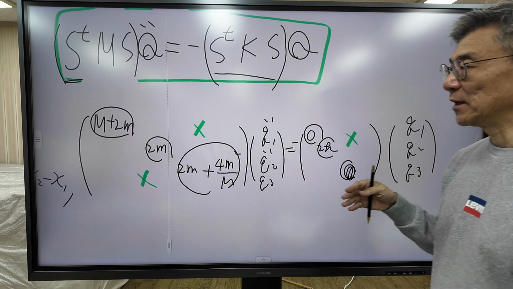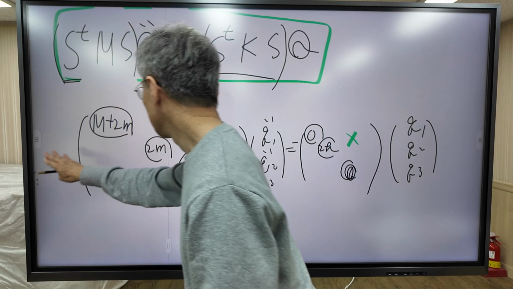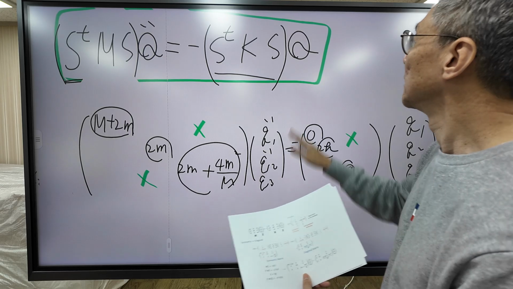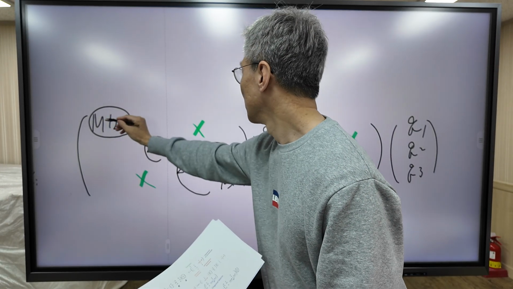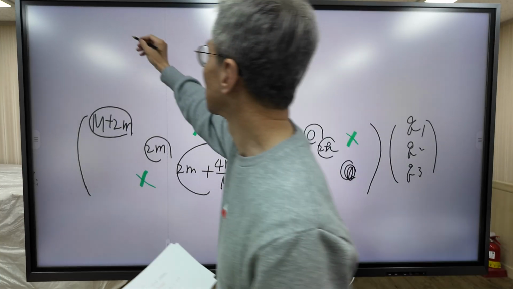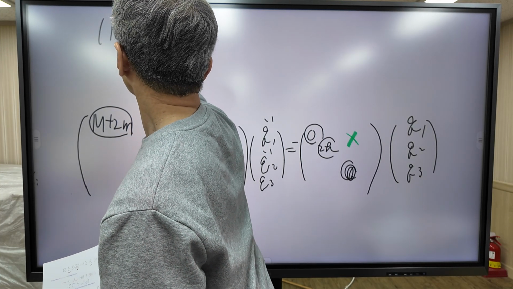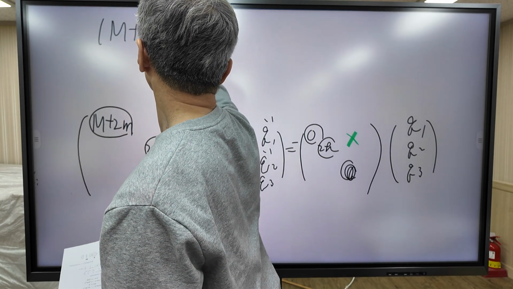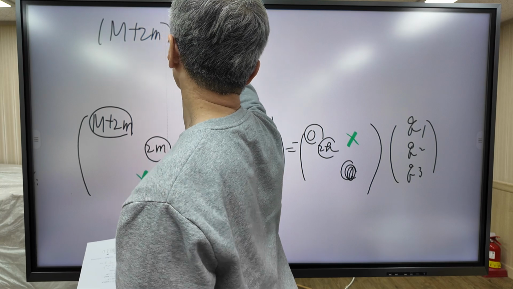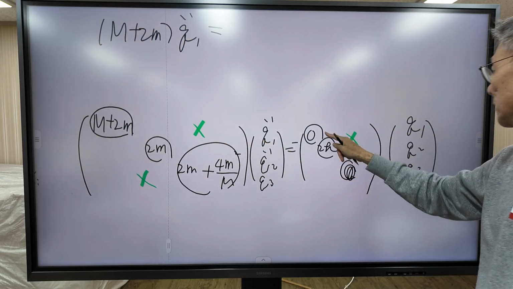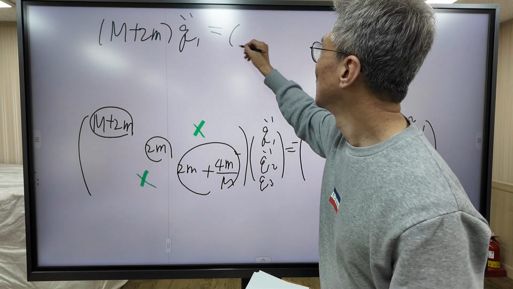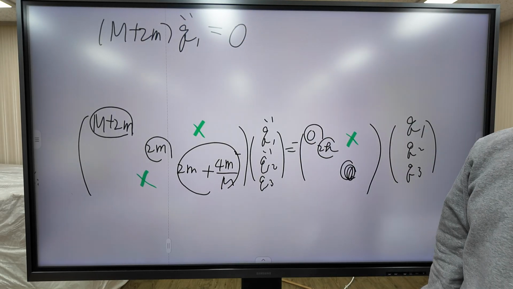Now I'm going to expand this matrix form again. So the first equation looks like this: Q1 double dot, this term here, and this term is 0. This is the first equation.